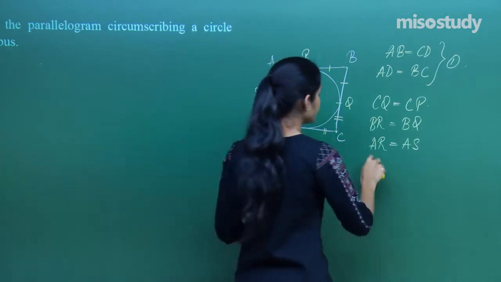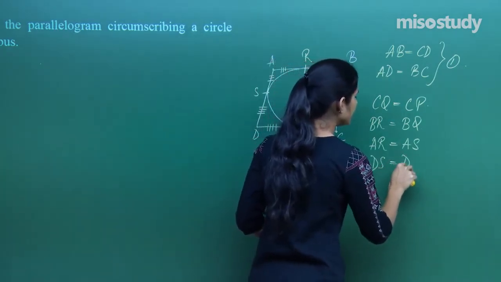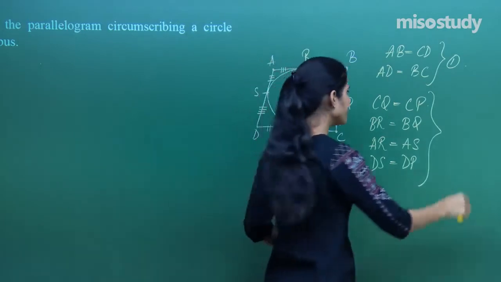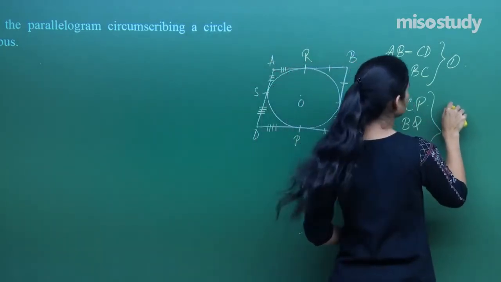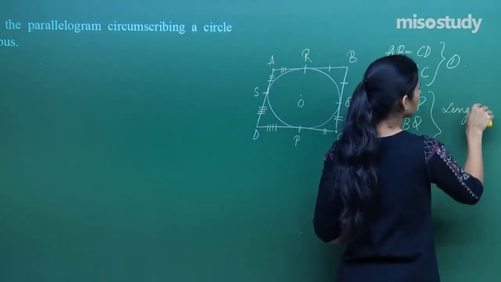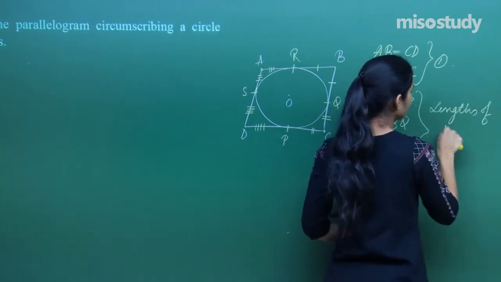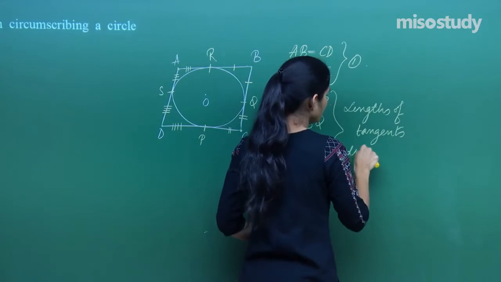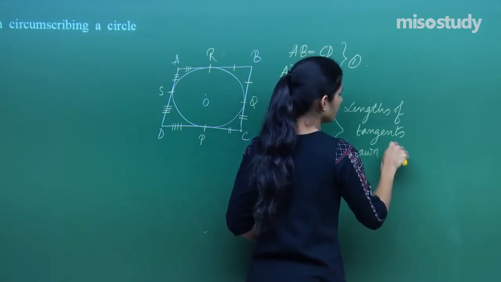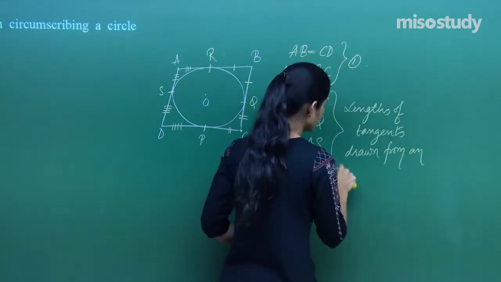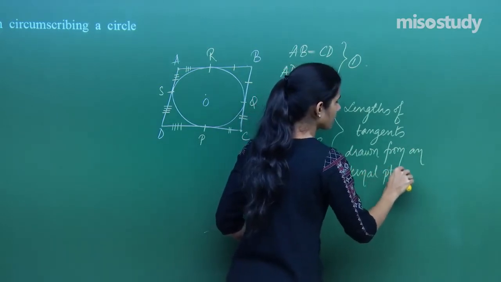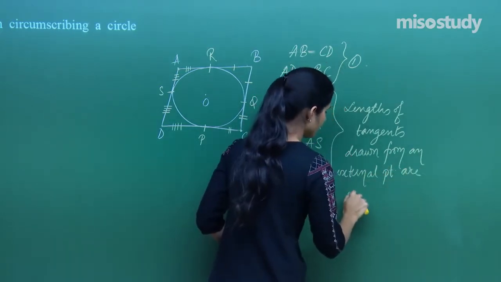So you will have DS is same as DP. This we have got on the basis of the fact that lengths of tangents drawn from an external point are equal.